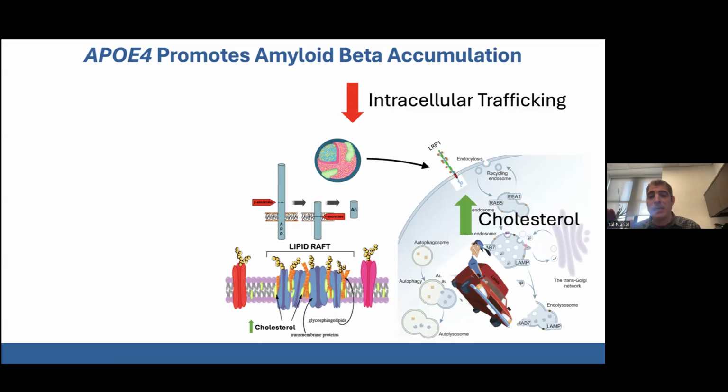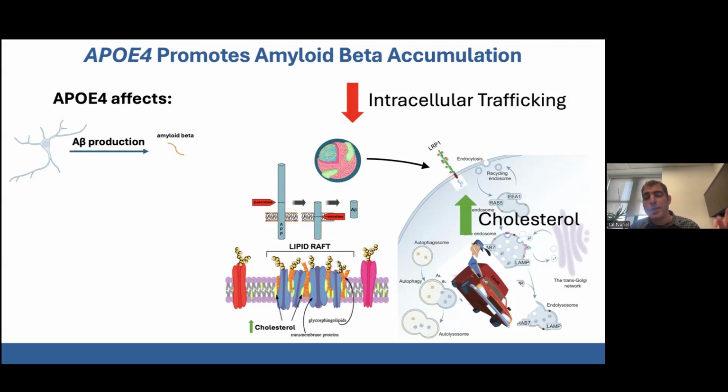So APP, amyloid precursor protein, which can be mutated in familial Alzheimer's disease but isn't mutated in sporadic late onset Alzheimer's disease, does seemingly produce more A beta in ApoE4 carriers, partly because of this buildup of cholesterol in cells and that amyloidogenic process being more active. So that is one thing that's been found.